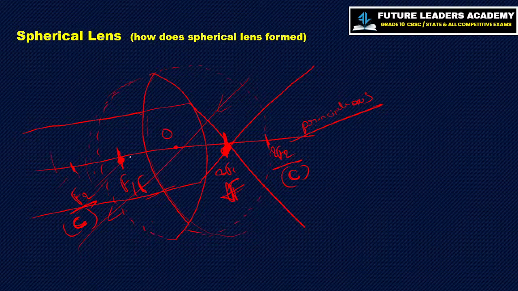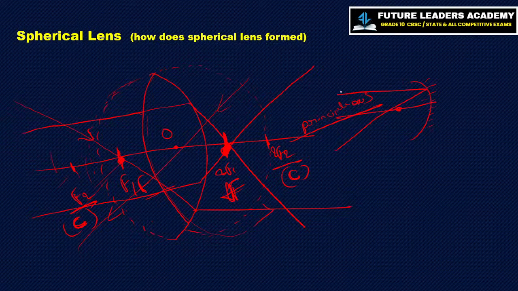Then if the light ray passes from the focus point, it will be parallel to the principal axis. Because in the mirror, when the light ray directly hits and passes from the curvature focus point, that will be parallel to this one. Like this you have studied, right? Same cases. All the same cases will act the same, but not in the same direction of the light ray, just in the opposite direction.